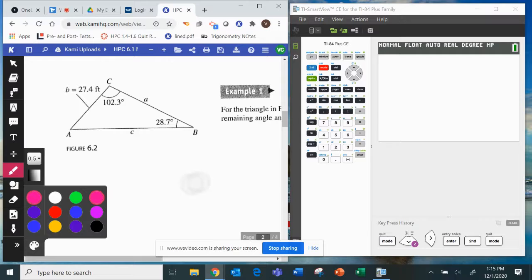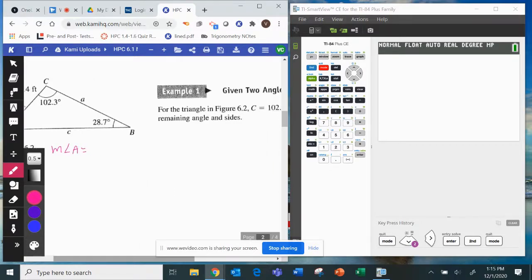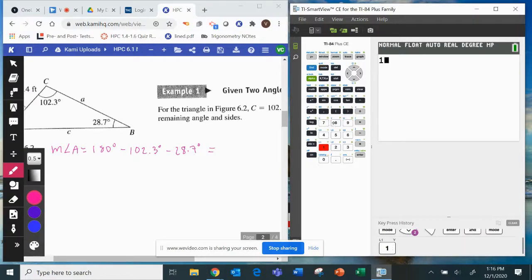What can we find first? Angle A. So let's do the measure of angle A. We're going to use a theorem from geometry, the triangle sum theorem. 180 degrees take away the other two given angles, and we're going to get that measure of angle A. So we can just use our calculator.